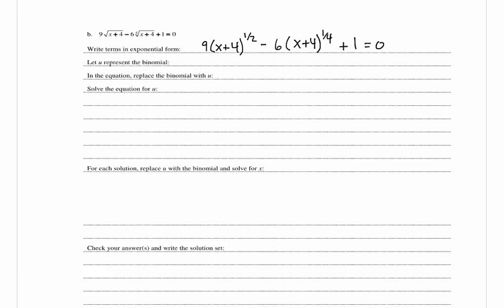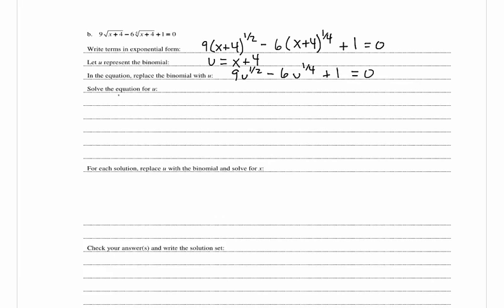Now they want us to let u represent the binomial, so u is going to represent x + 4. And now we replace the binomial with u: 9u^(1/2) - 6u^(1/4) + 1 = 0.